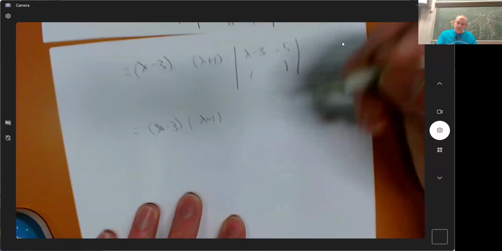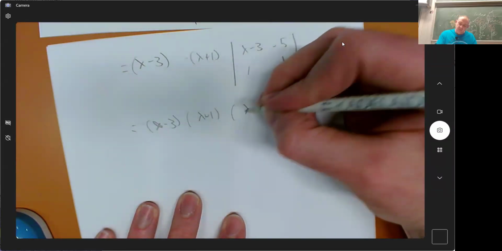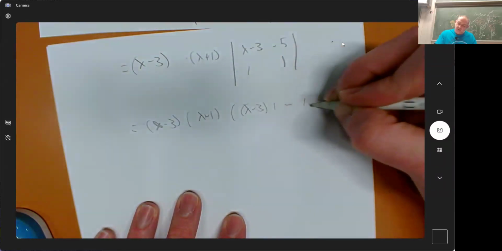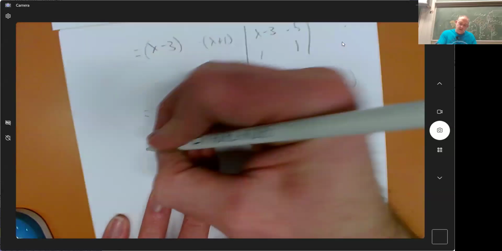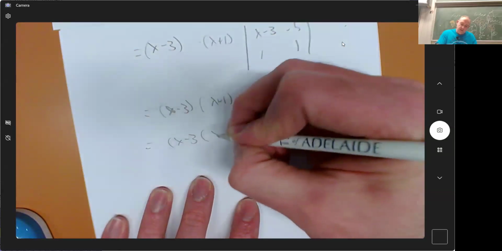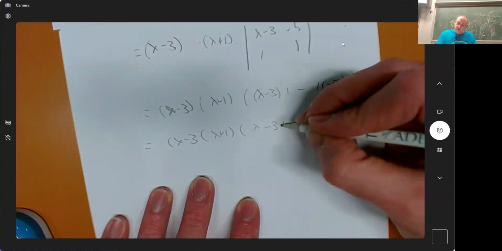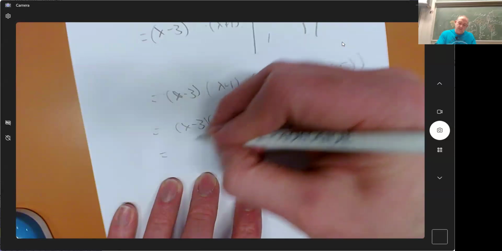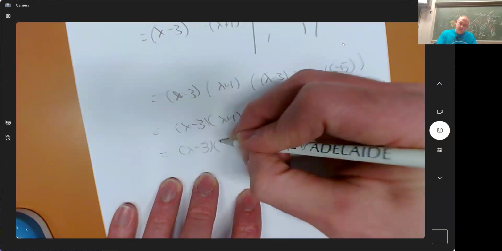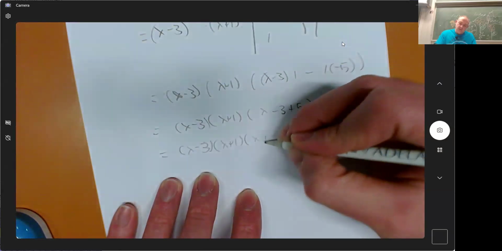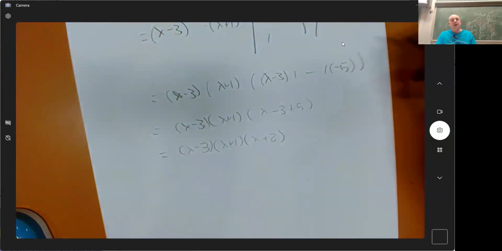Okay. And so now in this one, I've got lambda minus 3 times 1 minus 1 times minus 5. And I've got lambda minus 3, lambda plus 1, and lambda minus 3 is 5, lambda minus 3, lambda plus 1, lambda plus 2. So my eigenvalues are 3 and minus 1 and minus 2.